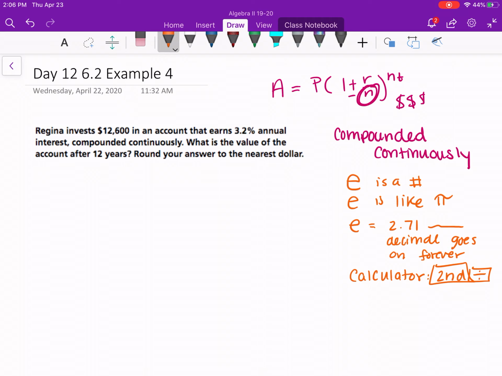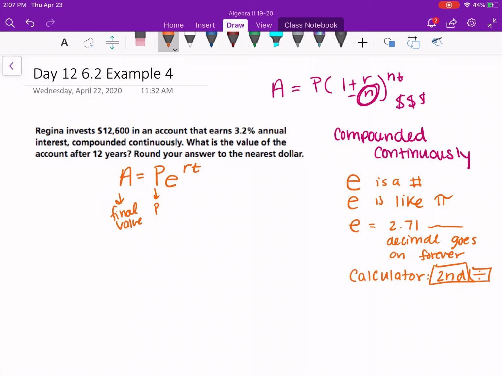Now we have a separate formula for when it's compounded continuously, and it's actually easier, okay? So A is still A, P is still P, but now we use that E, and the exponent of the E is going to be the rate times time. So yes, people call this the A-PERT formula, because that's what it spells. The A is still your final value.